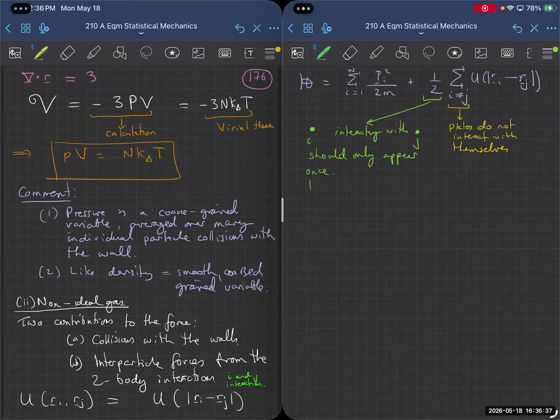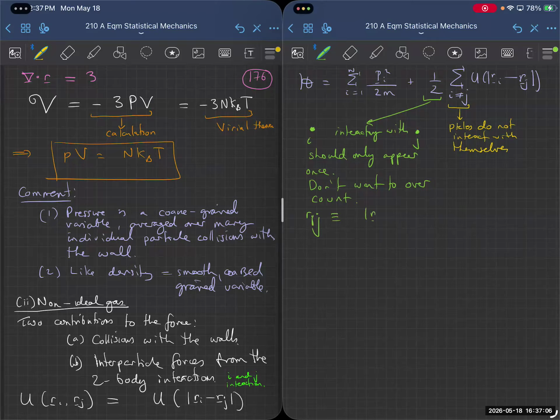So in other words, we don't want to overcount. Well, I think you all understand overcounting, right? Yeah, okay. All right.